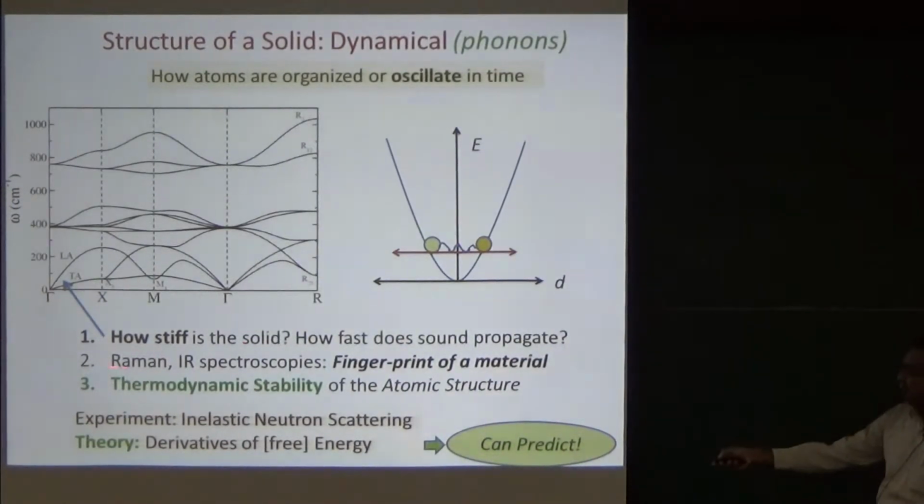And when you use Raman or IR spectroscopies, you basically get phonons only at these few points, okay? Whereas if you want to get the full dispersion using experiment, you really have to use what is called inelastic neutron scattering. Whereas these calculations can fairly accurately give phonon dispersion even on a laptop in a matter of a day for simple materials. Okay, so they are quite powerful and useful.